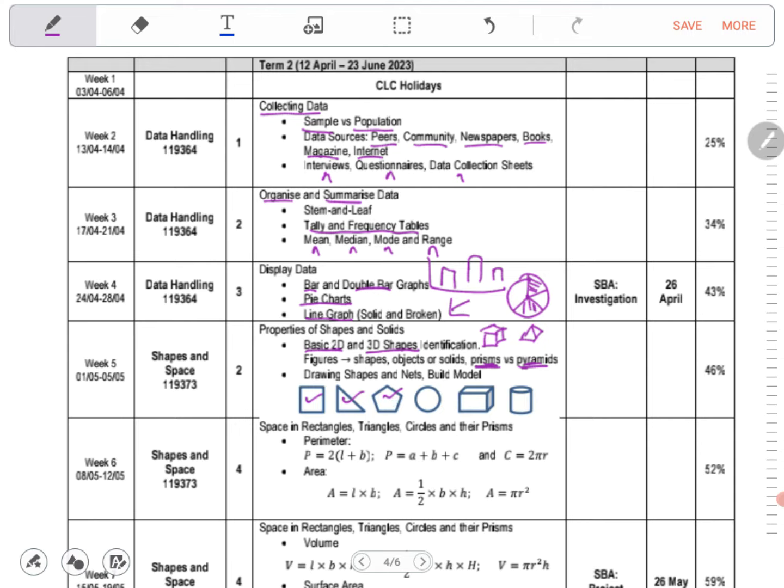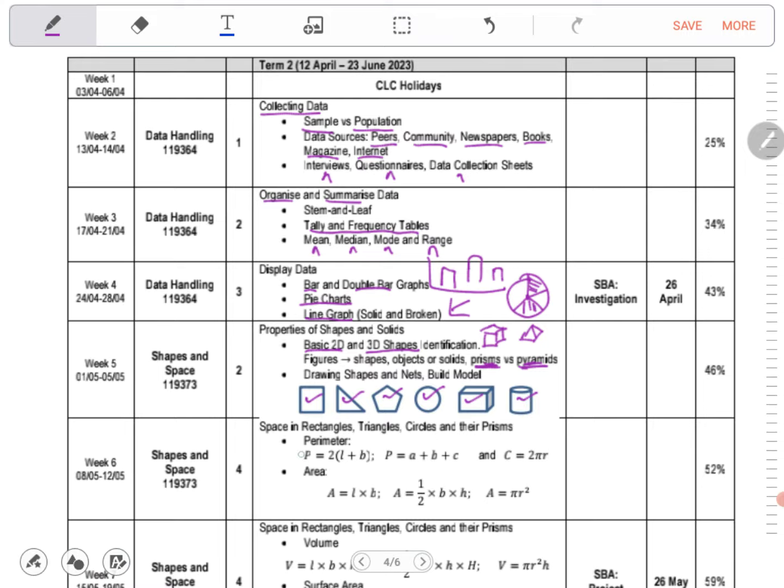And let me just stop there for now. Others, I'm not too sure about how they're called, but doesn't matter. And then we have a circle, all right, and this is called a rectangular prism. We can also have a triangular prism, and this is a cylinder. All right, so there are different shapes that we have to know.